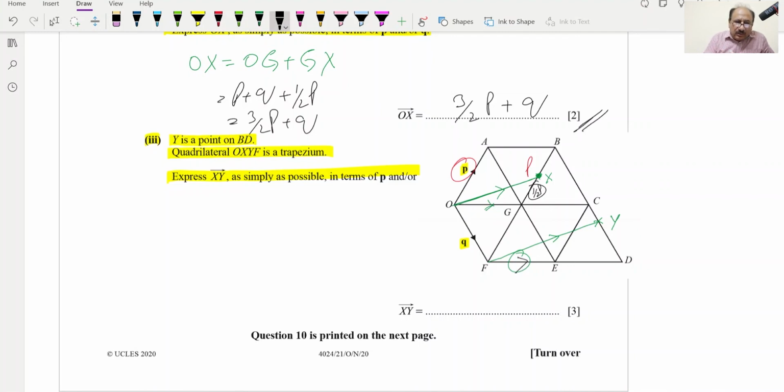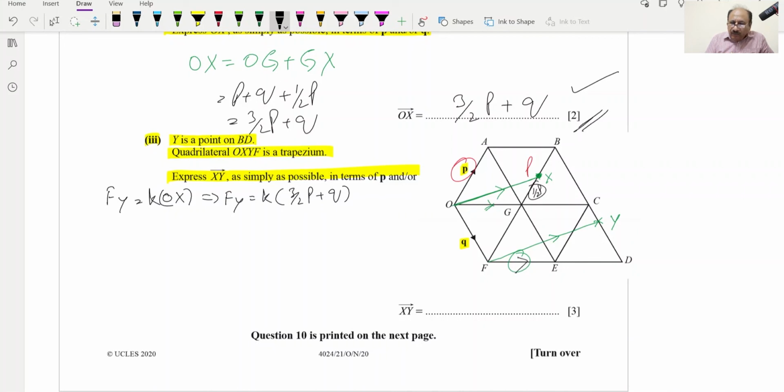So we can write FY is equal to kOX, something being multiplied to OX. Because they are parallel, they will be multiples of each other. If we replace the OX value, which we had just found, FY will be equal to k into 3 by 2P plus Q, and this will be our value.